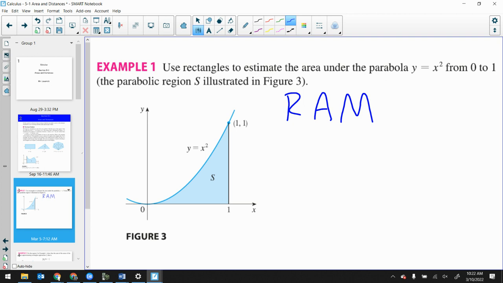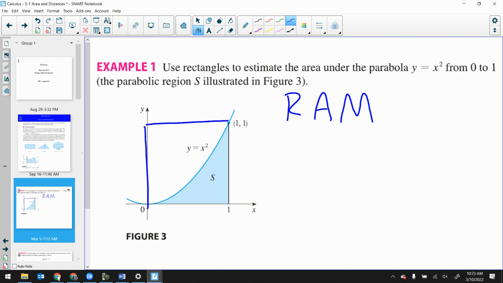So what are we doing here? We're taking x squared, our parent function parabola, and we're just taking the snippet from 0 to 1. And we're saying from 0 to 1, let's find the area bounded by the region underneath the curve. Let's try to take it piece by piece.